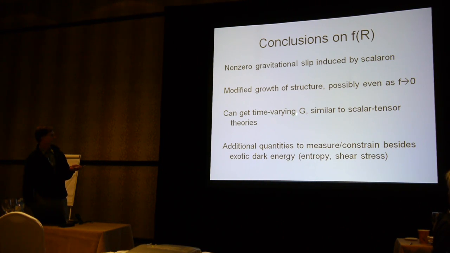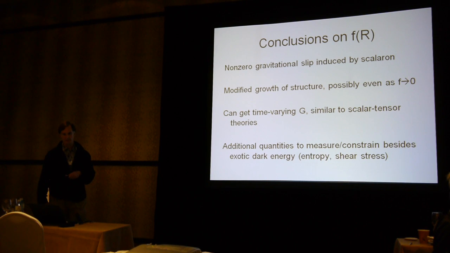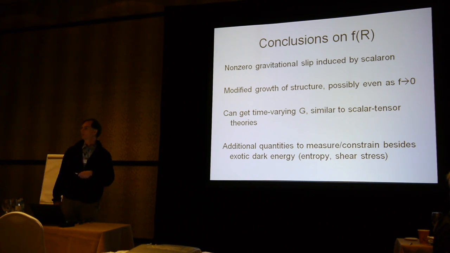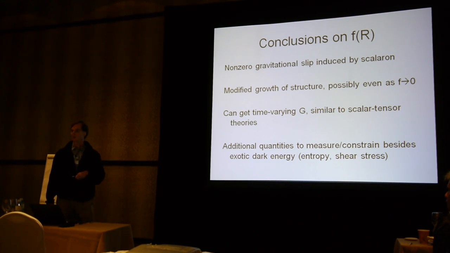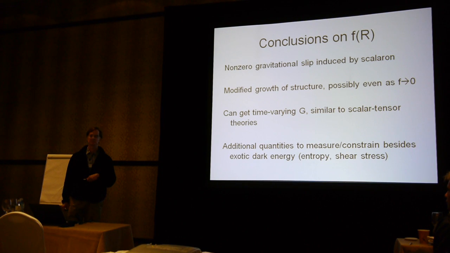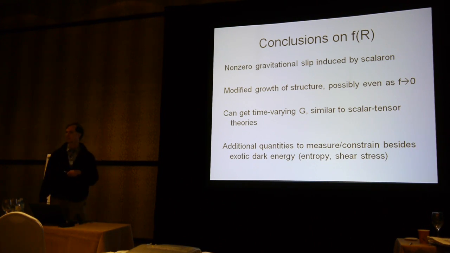These theories characteristically have a time-varying gravitational constant, similar to scalar tensor theories, and we will see why in a moment. And they tell us that there are additional quantities that we'd like to measure, the scaleron being one. Although I have discussed this in the context of FFR theories, these features are quite generic, and they will apply for probably all higher order theories of gravity. And so one should look for signatures like this in data.